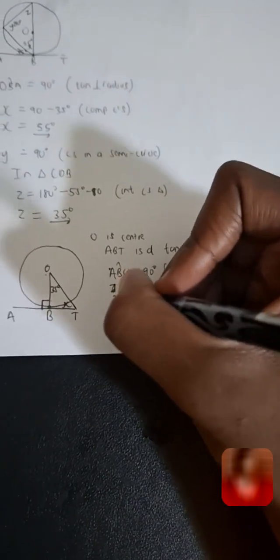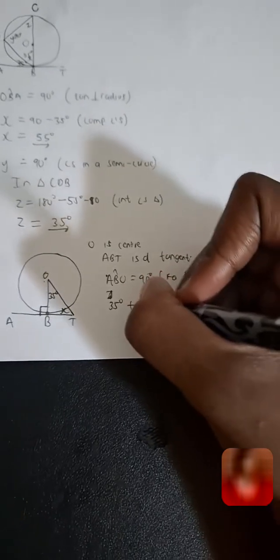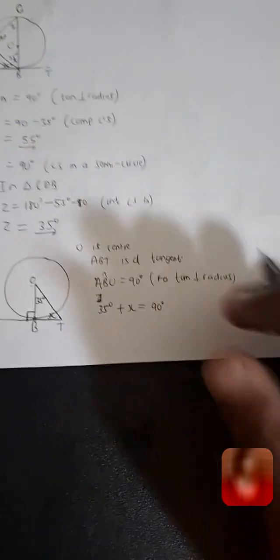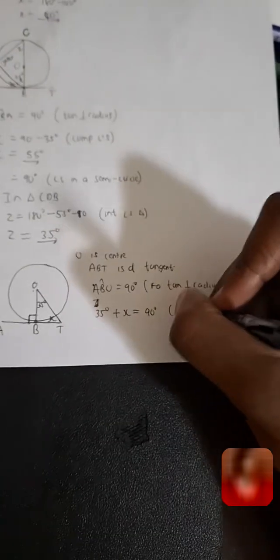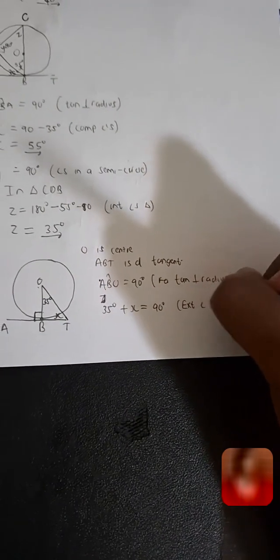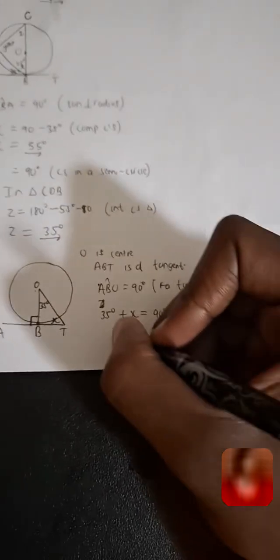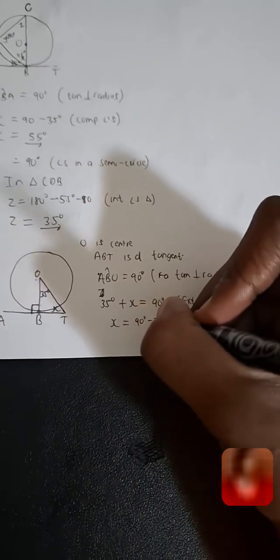So 35 degrees plus the x is equal to 90 degrees. Exterior angles of a triangle. Then x, the subject of the formula, is 90 minus 35.